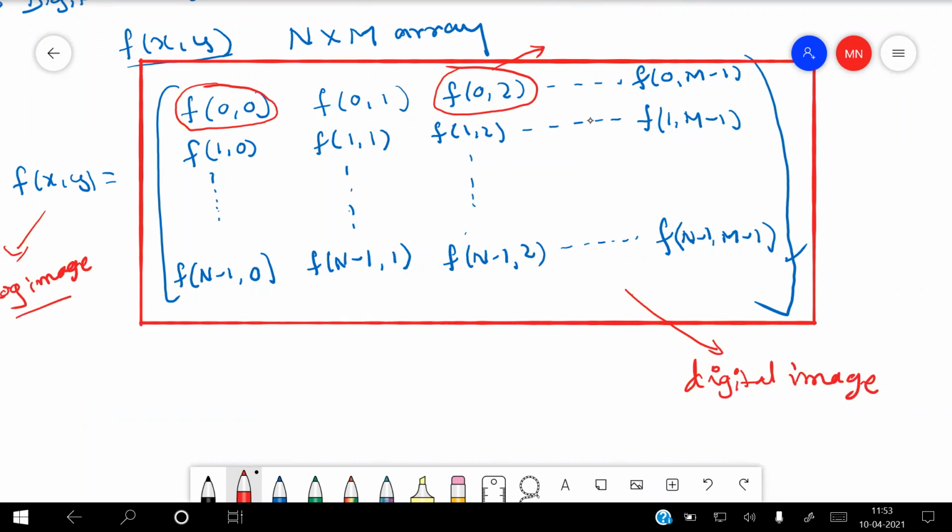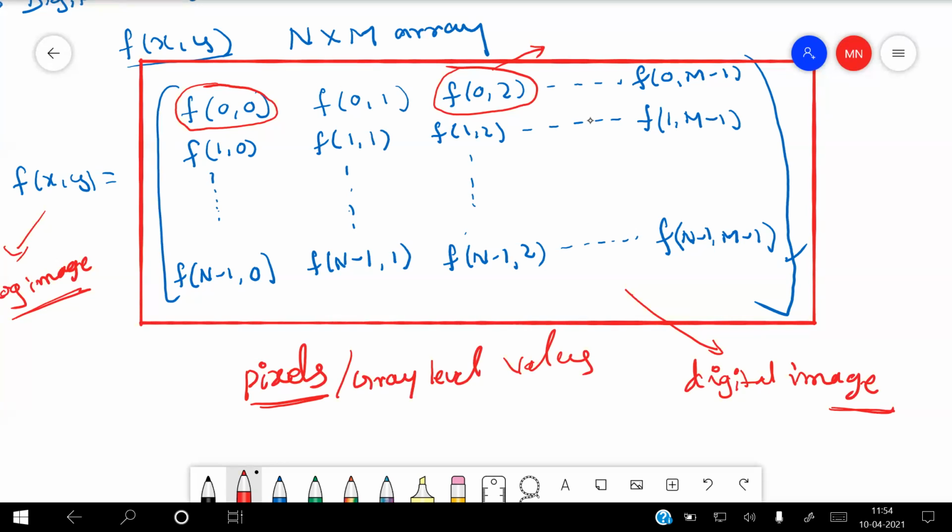This is an analog image, converted or represented into a digital image. We have evaluated and represented all the discrete values. The representation of all the discrete values is called pixels or gray level values.